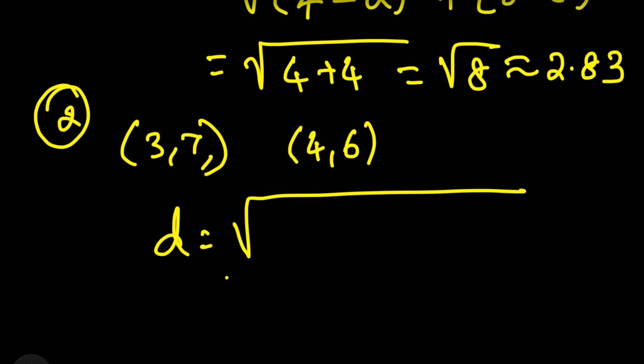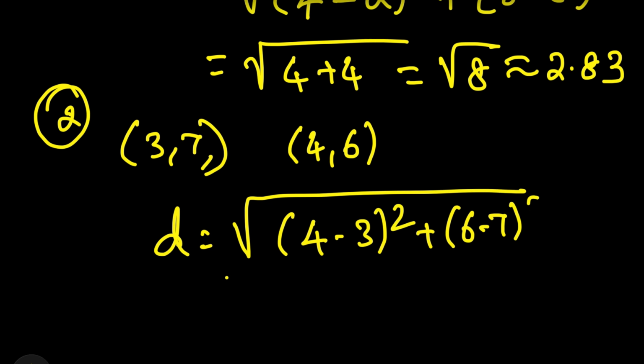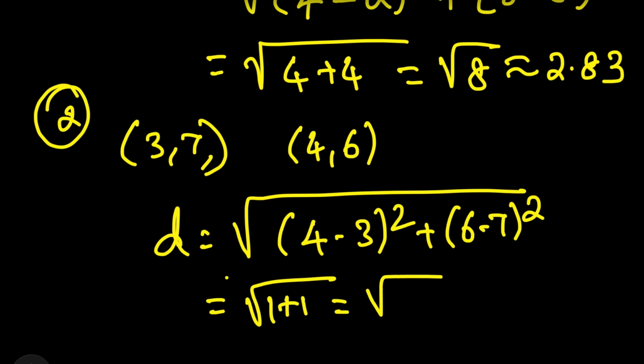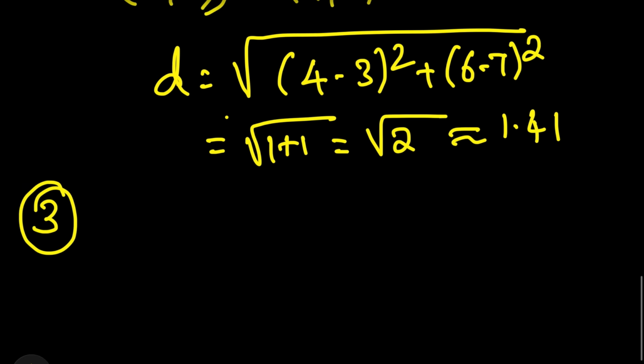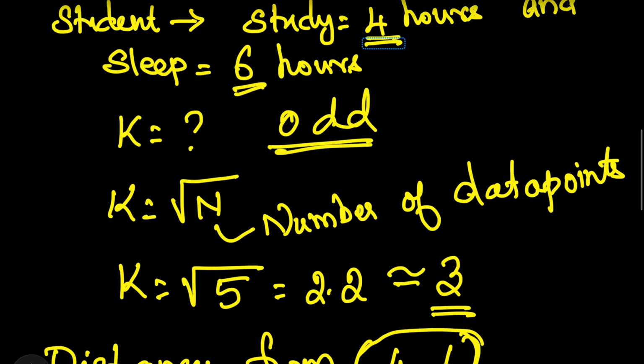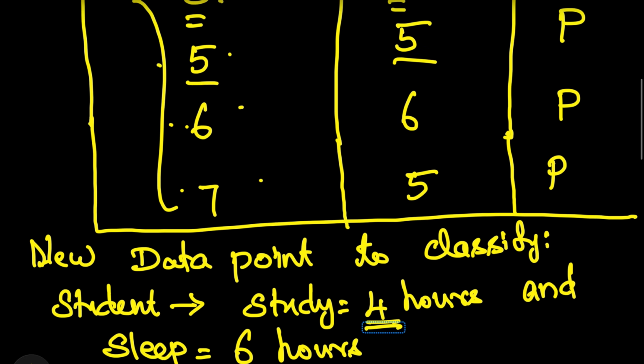So while I find this, I'll get 4 minus 3 the whole square plus 6 minus 7 the whole square. Now I'll get 1 plus 1, which is root of 2. That will be 1.41. Similarly for the third set. What is the third sample we have? 5, 5, pass.